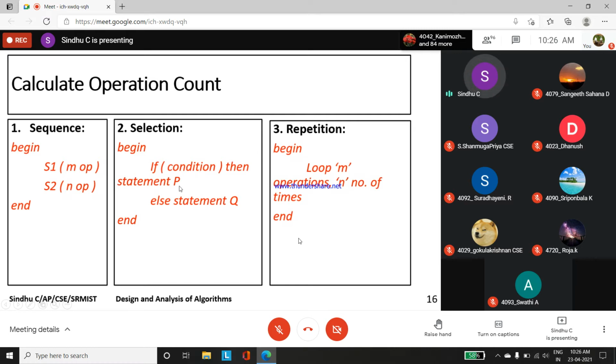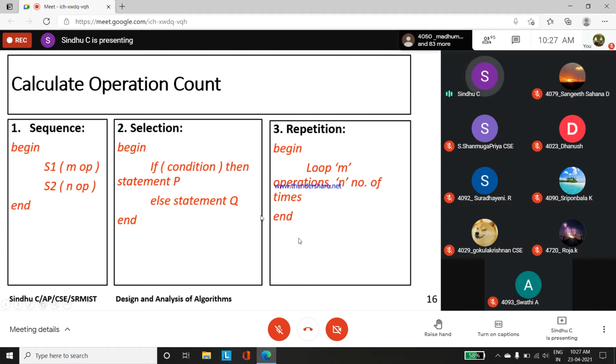If this P statement is selected based on this condition, then P's operation count will be the answer, which is the operation count for this set of statements. So based on this condition, either P or Q, right? So it is the maximum of whichever is the result, P or Q. Then the third one is repetition, which takes N number of times M operations. So it is multiplication, which follows the multiplication principle, right?